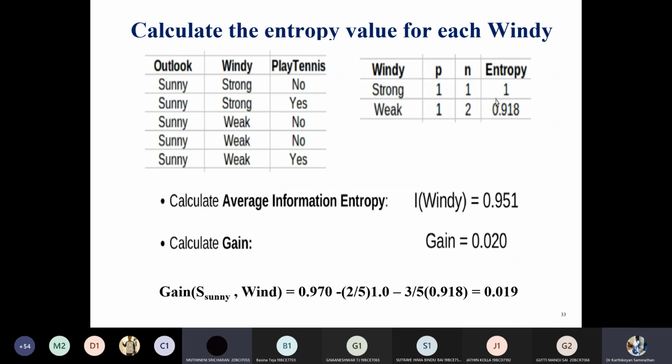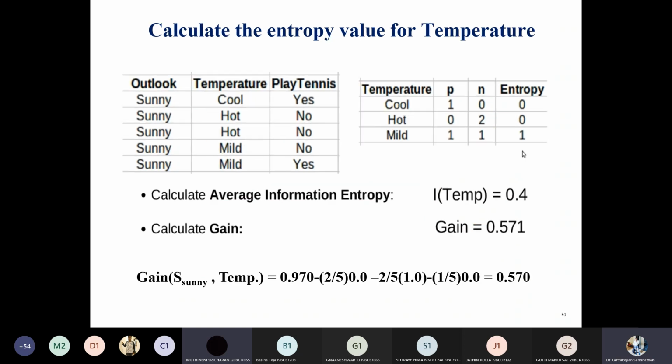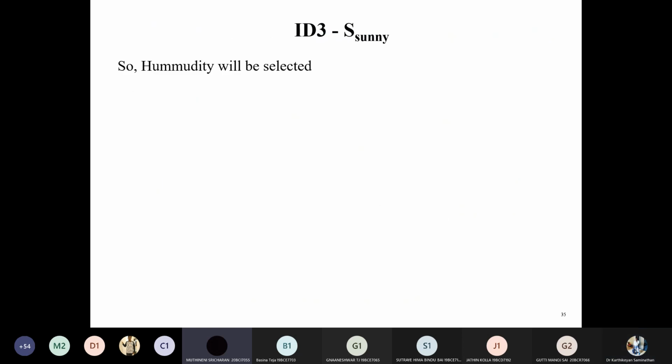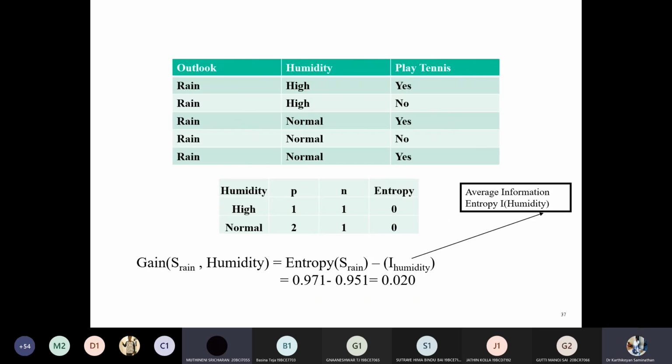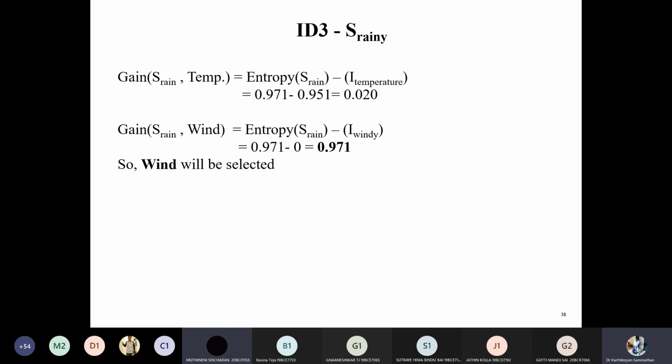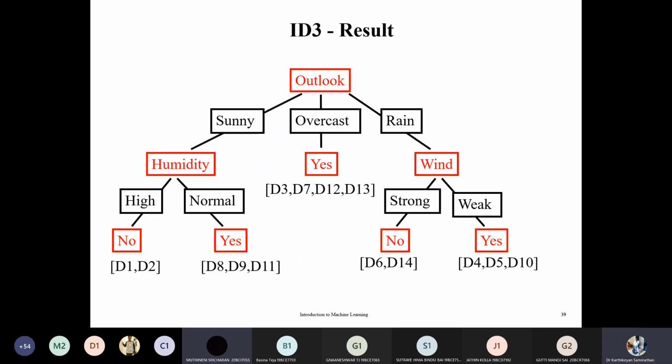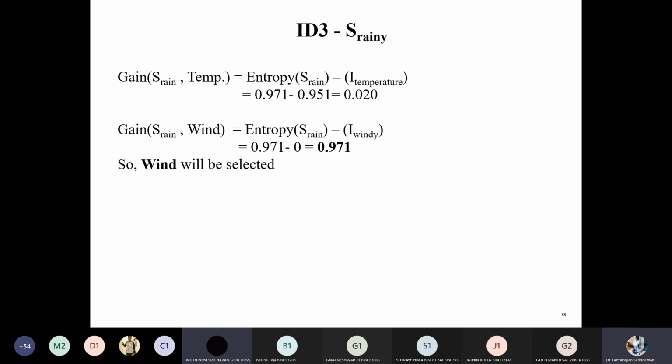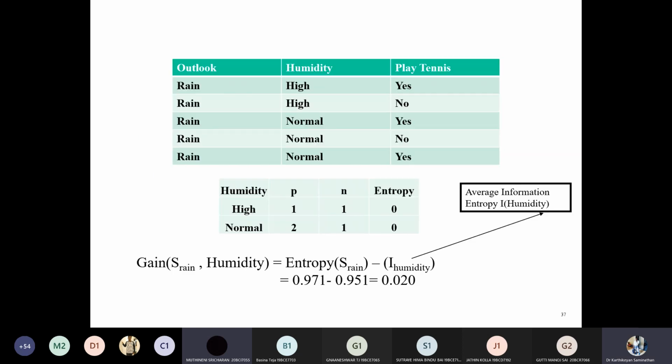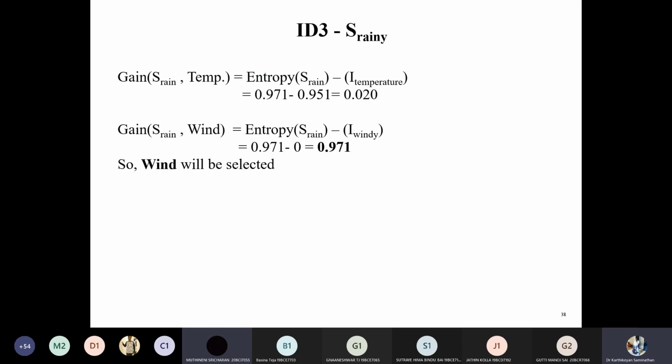The same is given for Sunny and wind comparison, again temperature comparison, and humidity. Here you can see the wind will be selected. Wind has 0.971, humidity 0.20, temperature 0.20. So for this, wind is selected.